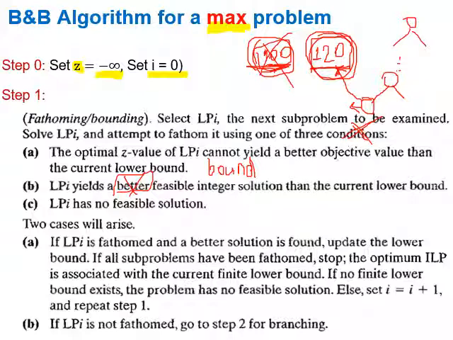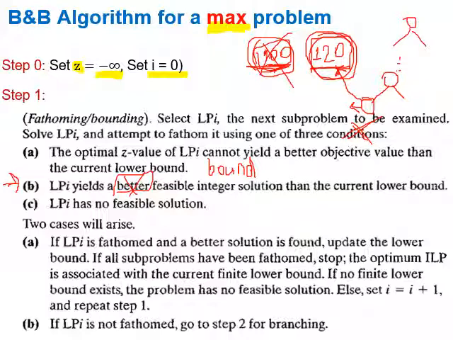Okay, so in this part B of step 1, when you solve an LP, if you find an integer solution, you need to check that solution against your previous best solution. If the new solution is better than the older one, you update it. Otherwise, you keep the old one. If this is the first step, our initial lower bound is minus infinity, right?